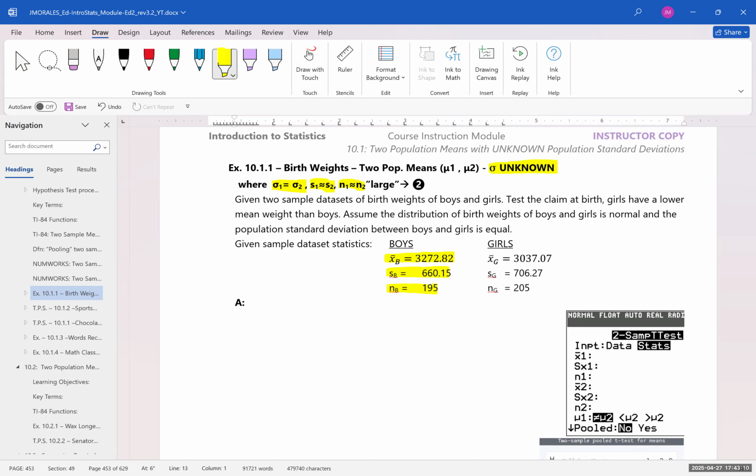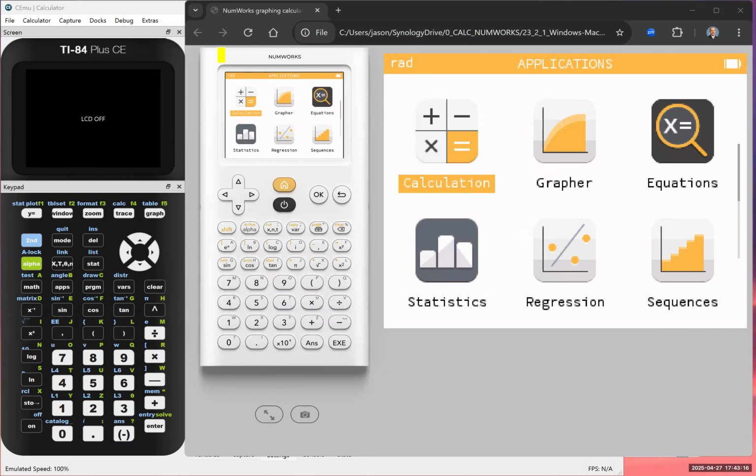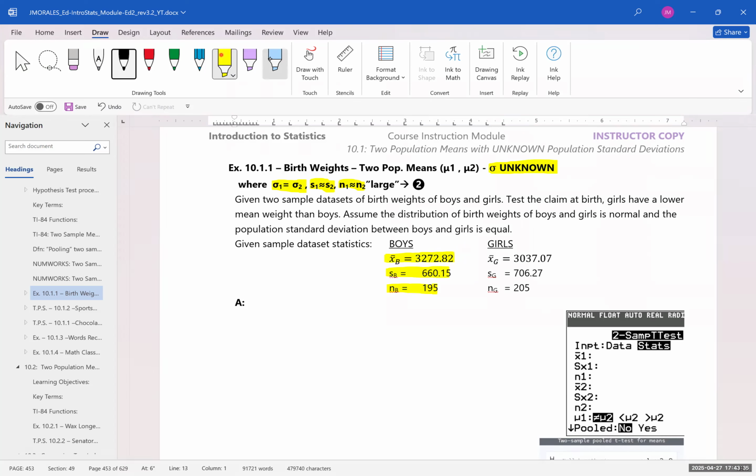And then girls, 205. Let's see. Okay, my computer is taking a moment. Here we go.